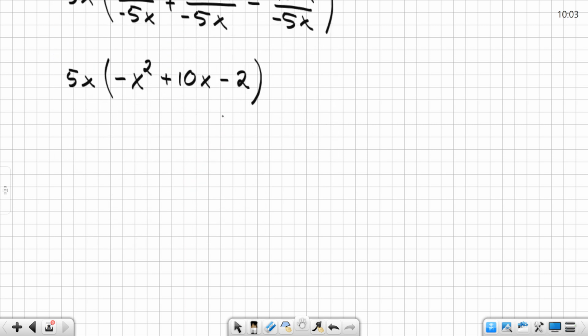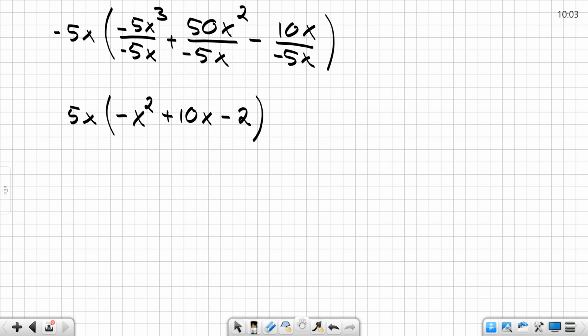This negative sign will come on the outside, and on the inside, you notice that 50 divided by negative 5 would be a negative 10. And I can use this here. Negative 10x divided by negative 5x would be a positive 2.